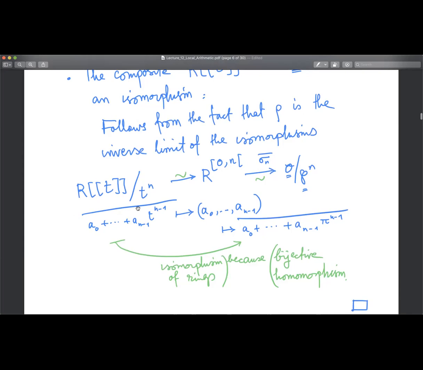The bar here is reduction modulo T to the n, going to the corresponding element in O modulo P to the n, where this T is replaced by pi. Okay, so in this case, this is a bijection, so is this, and the composite is a homomorphism. It's clearly visible that it's a homomorphism, and a bijective homomorphism is an isomorphism.